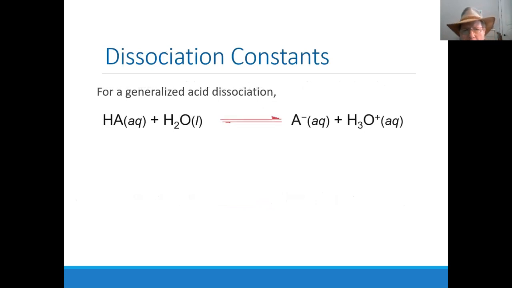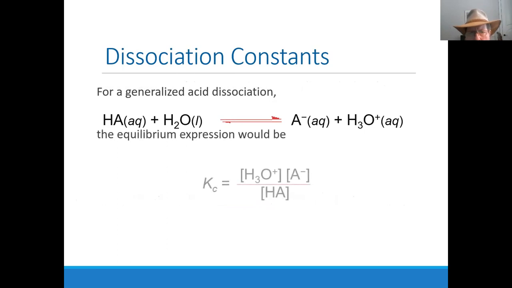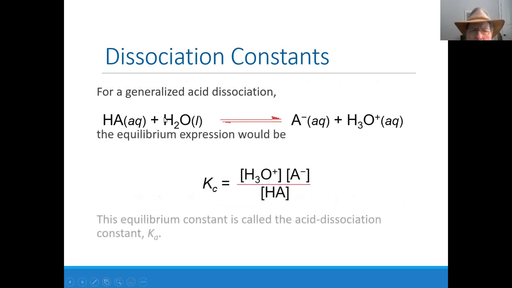If I have a generalized acid dissociation, because we do not put water into an equilibrium constant equation, my equilibrium constant would be A minus concentration times H3O concentration divided by my HA concentration.